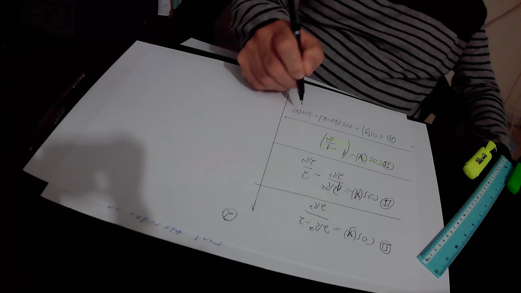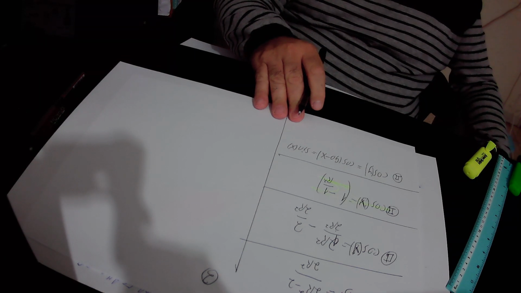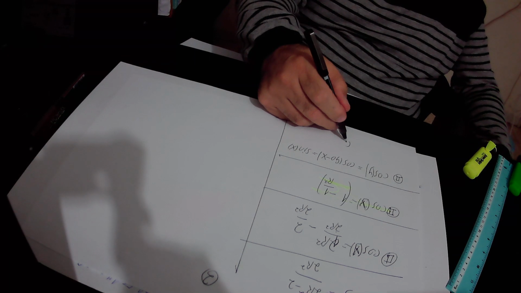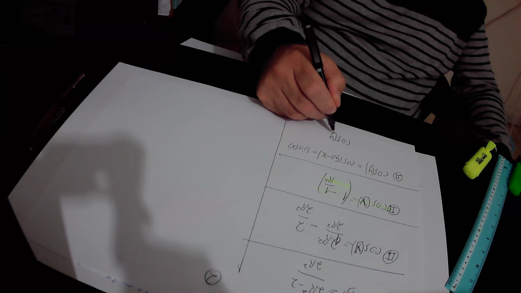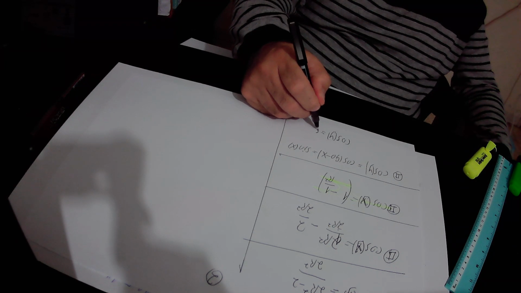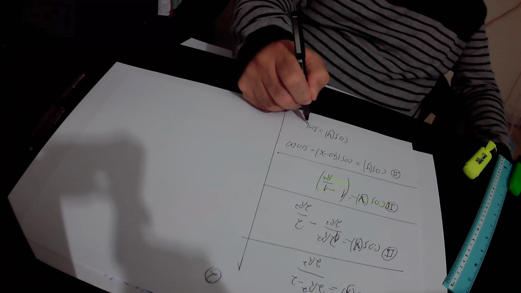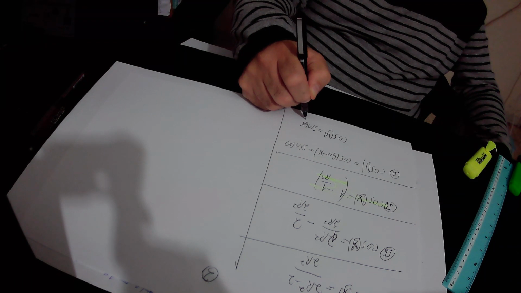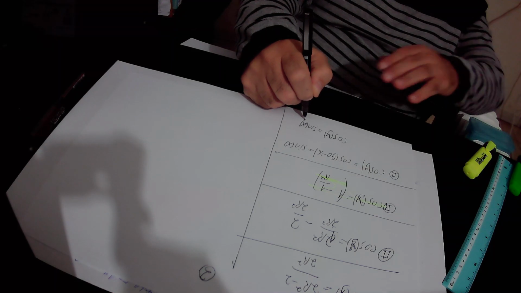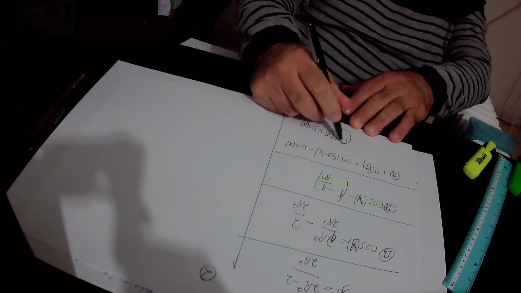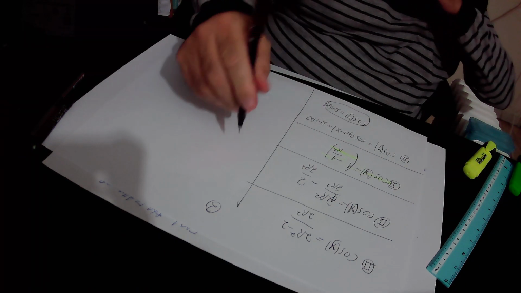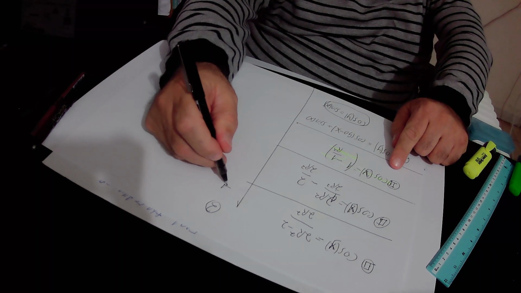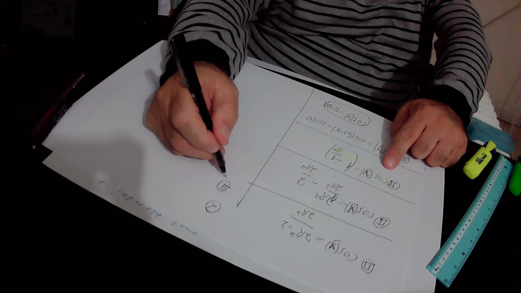In conclusion, we found out that cosine y equals sine x. Therefore, we substitute cosine y in equation number 2 by sine x.